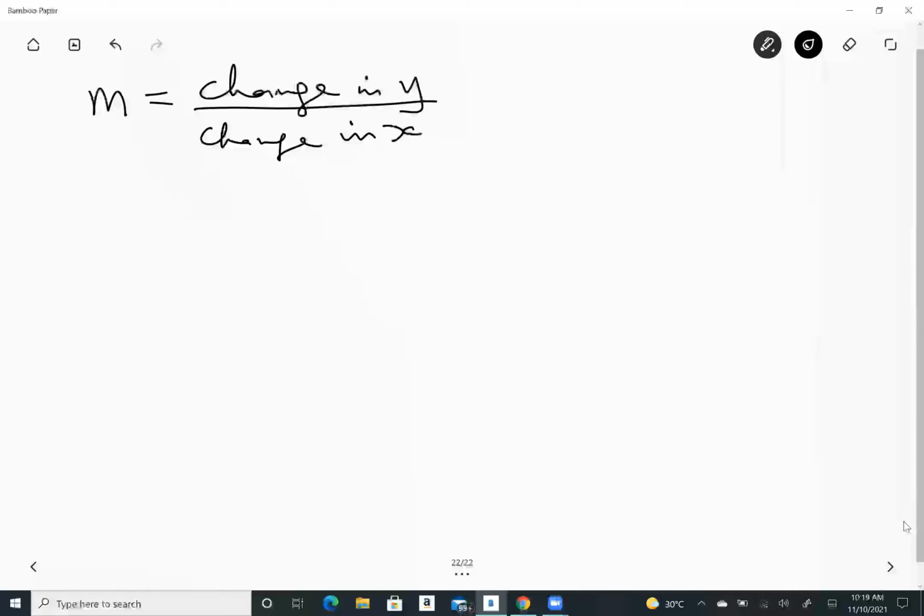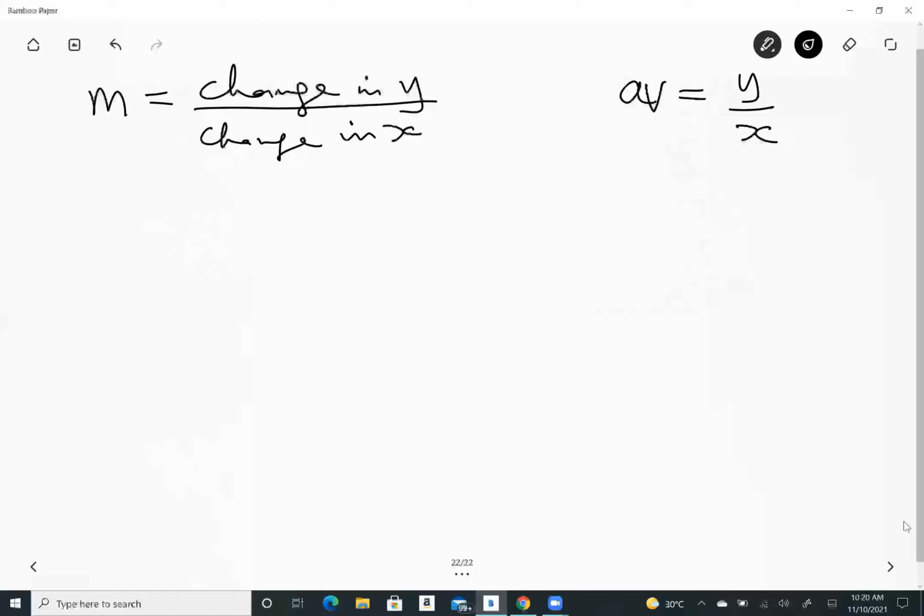That means if you remember, if you have y over x, let's not call it m, let's call it something else, say AB. If you look at the average, it is simply y over x. The slope, which is m, is not the average. It is the change in y divided by the change in x.